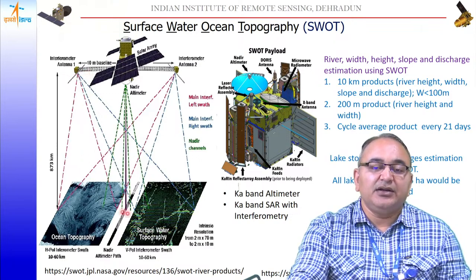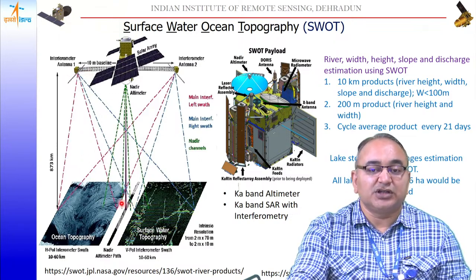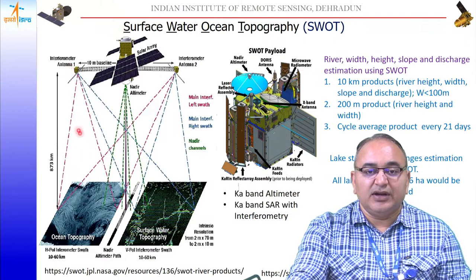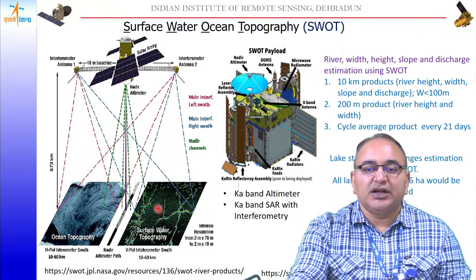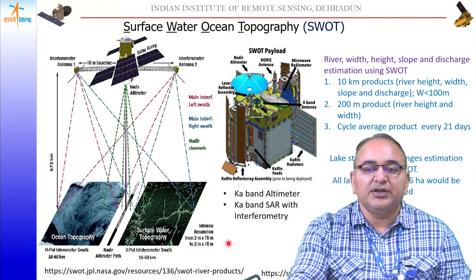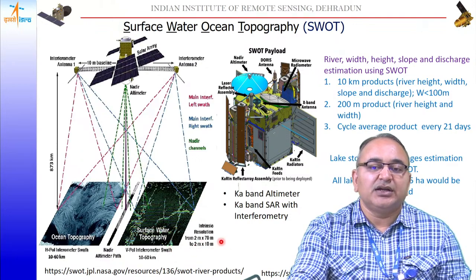And Ka band is sensitive to the surface water, and you have this near swath of 10 to 60 kilometers, and it is transmitting, and the other one is also receiving the signal. With left looking and right looking, we have 2 meter to 70 meter near range and far range resolution.